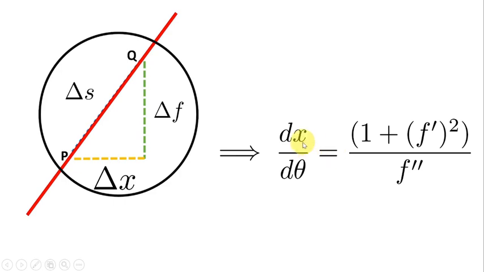Ultimately, you will see that dx by d theta is equal to 1 plus f prime whole squared divided by f double prime. This result is arrived at by systematically analyzing pure mathematics. There is no experimentation involved in this.